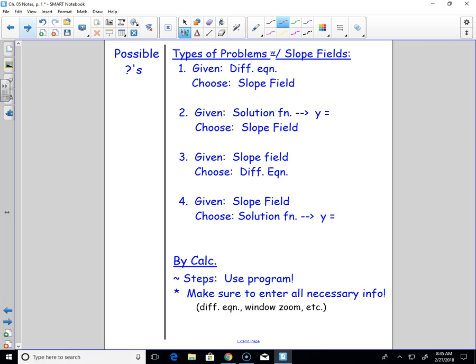I'm just trying to get your brains used to what might be given to you. You might be given a differential equation, which would be a y prime equals or a dy dx equals. They almost always put it in the dy dx form, but it could be y prime if you're looking at other, non-AP problems. And you could need to choose a slope field.